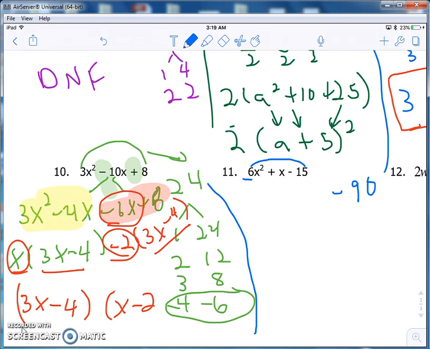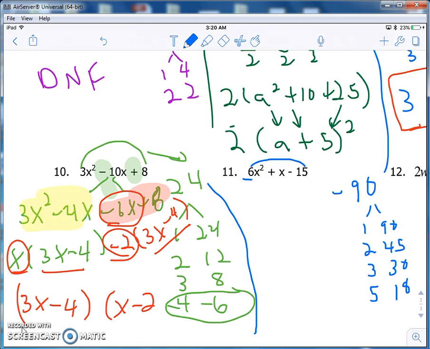Factors of negative 90. There are a few. If you need to list them all, start with 1. It's even, so divide by 2. It's divisible by 3. If it's divisible by 2 and 3, it's divisible by 6, which is how we got there, right? 6 times 15. Ends in 0, so it's divisible by 5. We'll do that one first. 18.